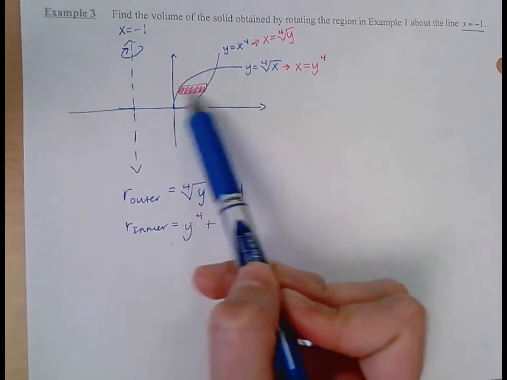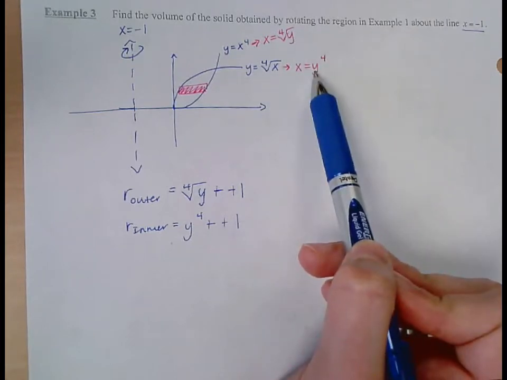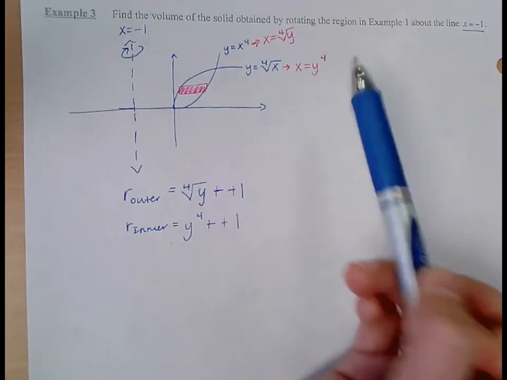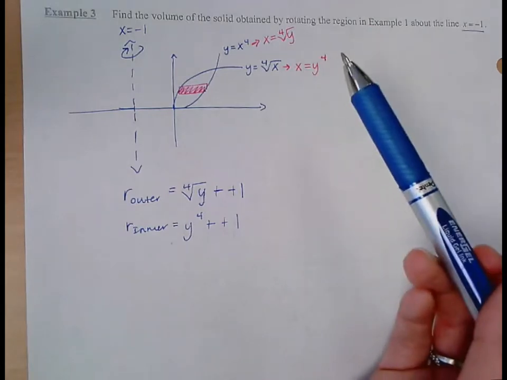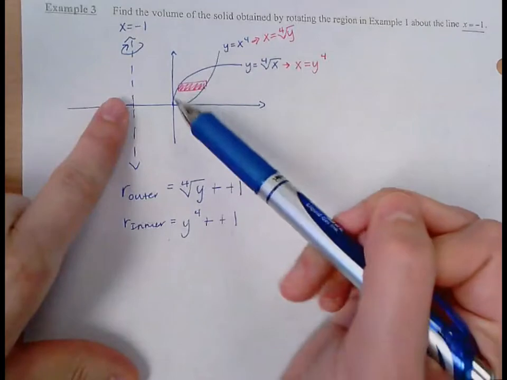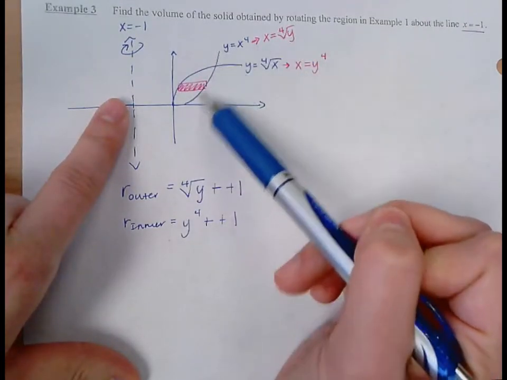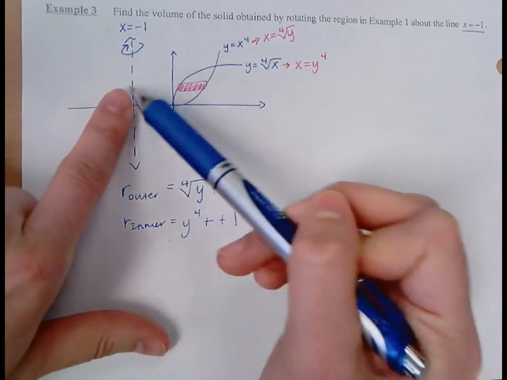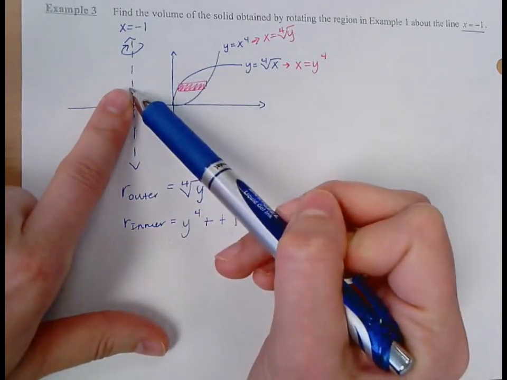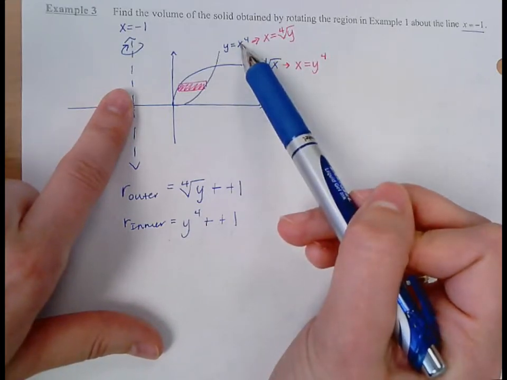Well, it's a horizontal rectangle, so you have to have it in terms of y. Because this curve is the fourth root of y, that is the outermost one compared to this. You were looking at x to the fourth, yes.